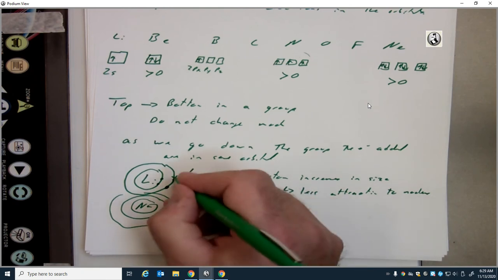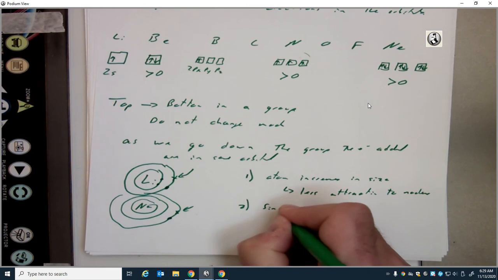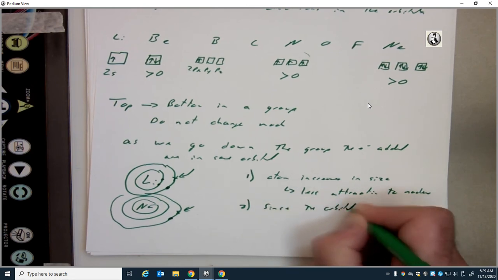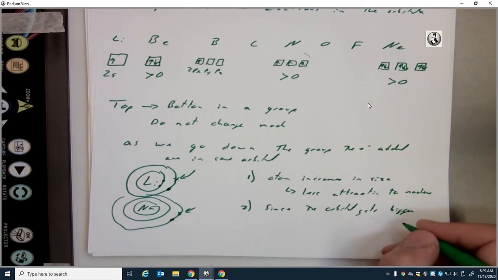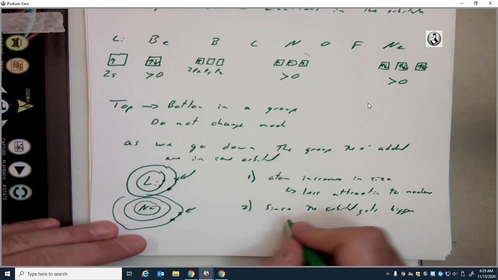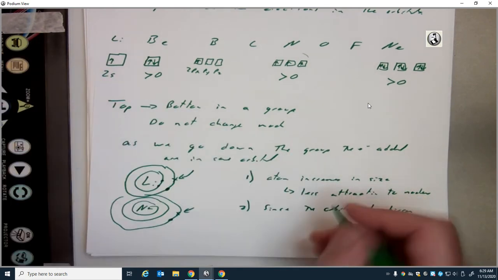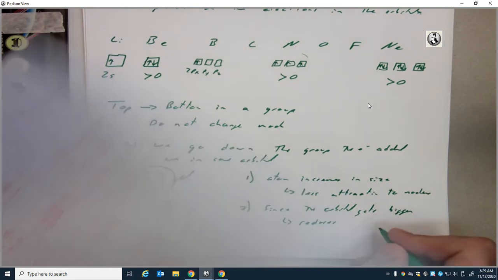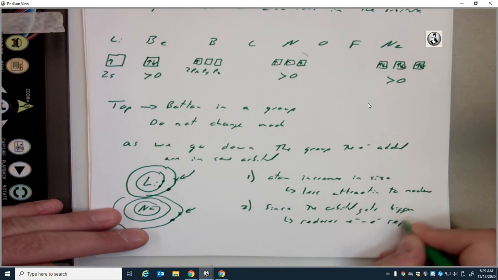But a second thing also happens. Since the orbital gets bigger, because it's spread out, it reduces the electron repulsion.